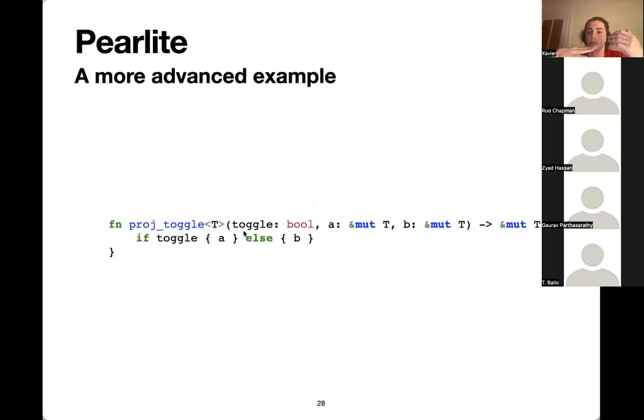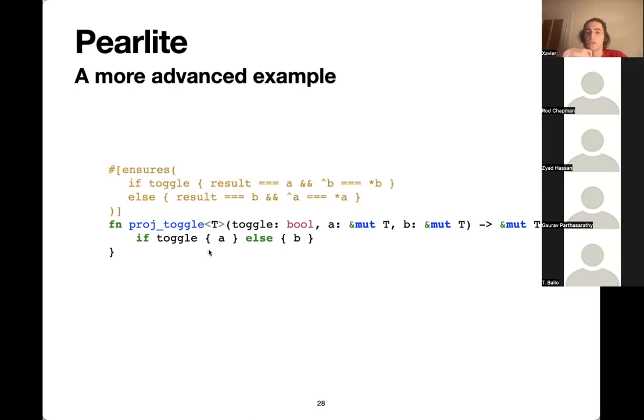But this is also perfectly extendable to the case where we're returning a borrow. For example, here we have a function where we take two borrows, a borrow A and a borrow B. We also take a Boolean toggle, and based on that Boolean, we're going to return one of the two borrows. So how would we actually specify this? As I said before, in Pearlite we have standard sugar, so we have things like if expressions.